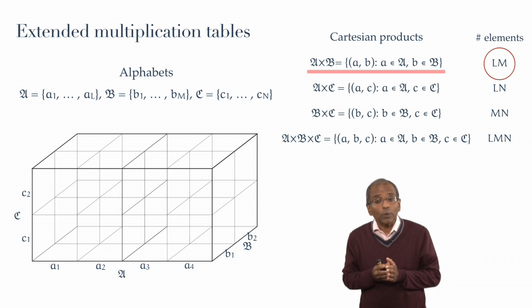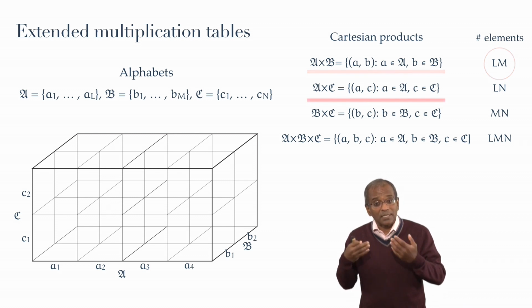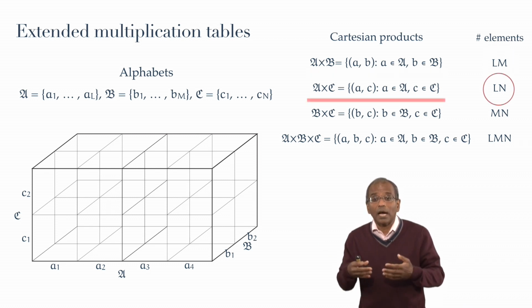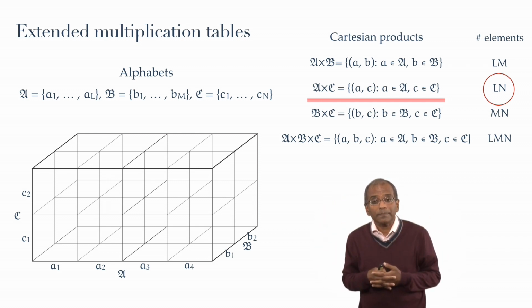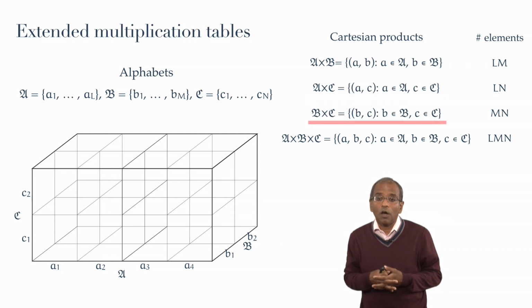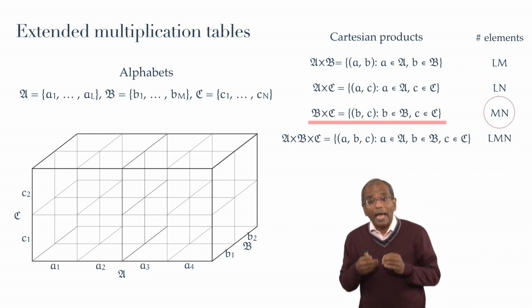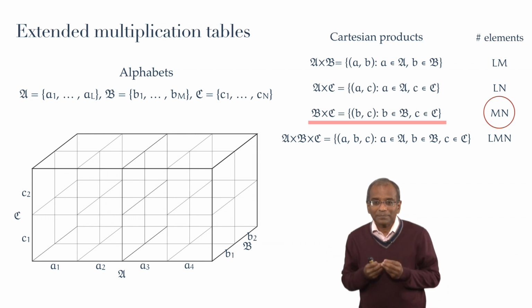The number of ways we can arrange ordered pairs A and C is L times N. Again, it's an ordered pair of possibilities. And finally, the number of ways of getting an ordered pair of possibilities, B and C, is M times N.